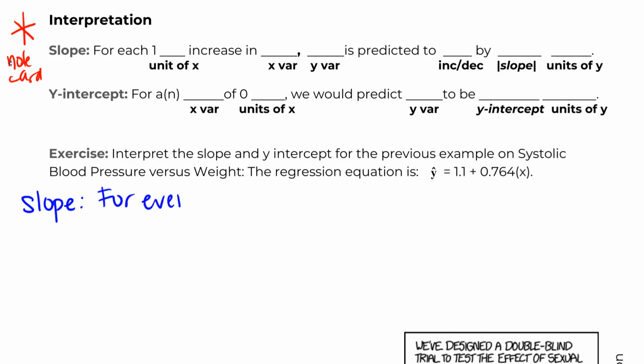So for the slope, for every 1, and then our x was weight and weight was in pounds, so for every 1 pound increase in weight.